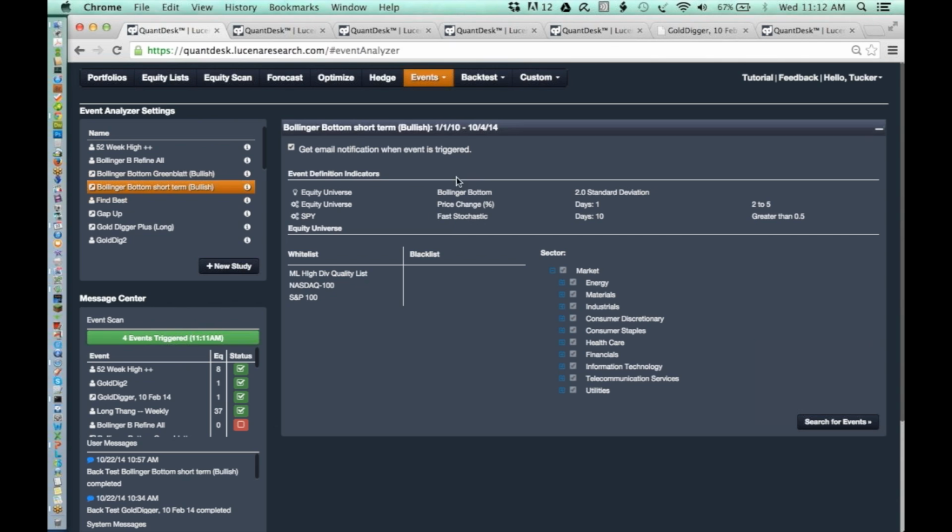So we look at a factor called Bollinger Bottom, which indicates, for instance, that the stock price has hit the bottom line of a Bollinger Band. We also look at price change and something called fast stochastic. Now, if we like, within QuantDesk, we can edit that and change what these factors are. I'm going to skip doing that for a moment and show you what the event study looks like.